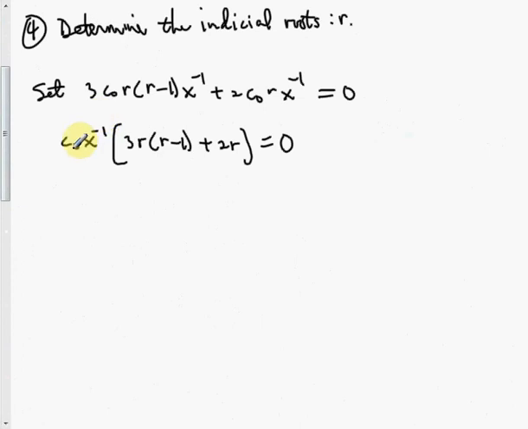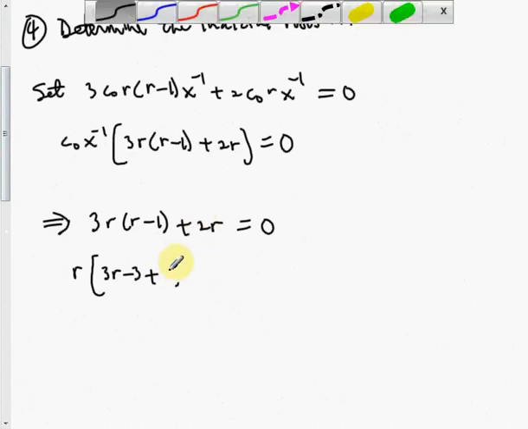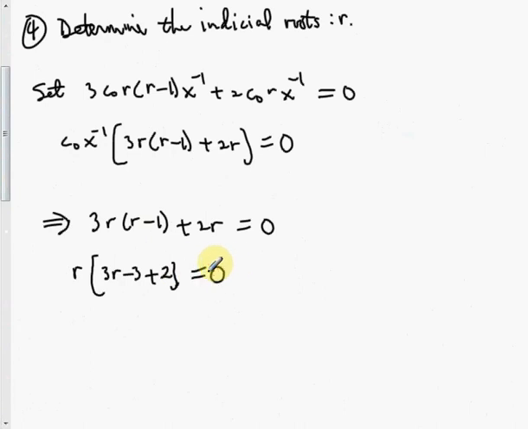If you divide through by that c naught and multiply by an x, we have 3r times r minus 1 plus 2r equal to 0. Just solve for r. We factor out r from everywhere, so this is 3r minus 3 plus 2 equal to 0. This implies r times 3r minus 1 equals 0.